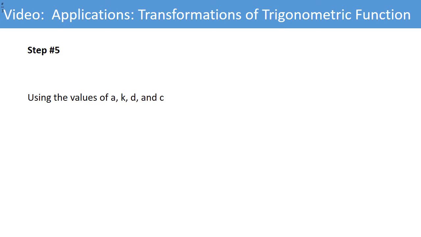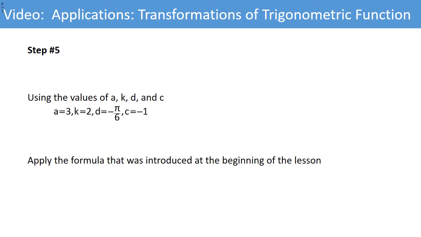Using the values of a, k, d, and c, a is equal to 3, k is equal to 2, d is equal to negative pi over 6, and c is equal to negative 1. Apply the formula that was introduced at the beginning of the lesson. Just to refresh, (x, y) maps onto (x over k plus d, ay plus c).